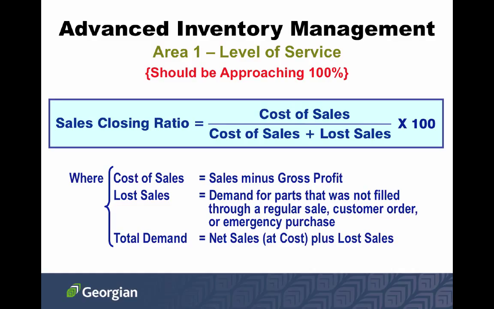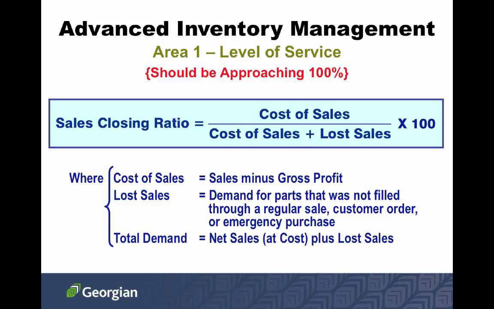It may be not precisely the same, but it may be okay for broader measures, because if you get it from the DMS, then it will be at cost, because the DMS keeps everything at cost. And lost sales, then the third variable here, is demand for parts that was not filled through a regular sale, customer order, or emergency purchase. It was a demand on your inventory where the sale was lost because you couldn't meet customer expectations, or perhaps a customer wouldn't wait to get it in.